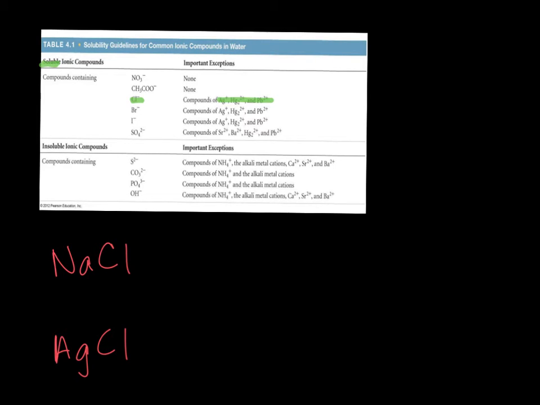Now, this is with sodium here, and so it's going to be soluble. Not only that, all alkali metals are always soluble. So this is going to dissolve 100%, and it's going to turn into sodium and chloride. And that's it. That's all I want you to do. Since it's soluble, we use this type of arrow. So that means that it's soluble.